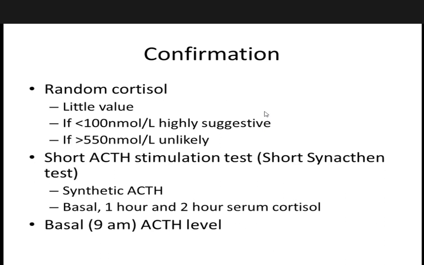And at the same time, when you give ACTH, if the serum cortisol level is not increased, especially if it is less than something like 100, that could confirm that the patient is having adrenal failure, right?